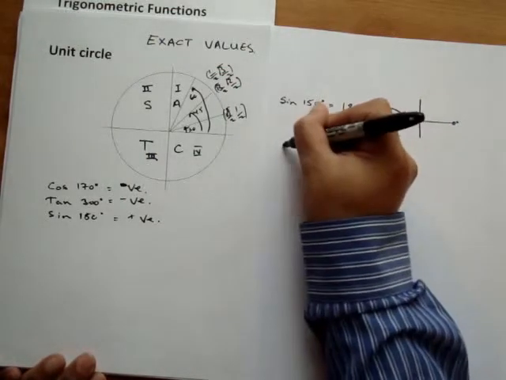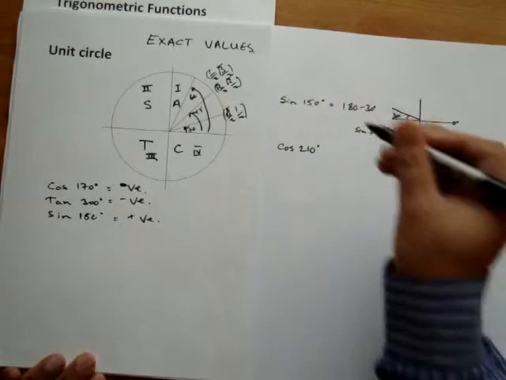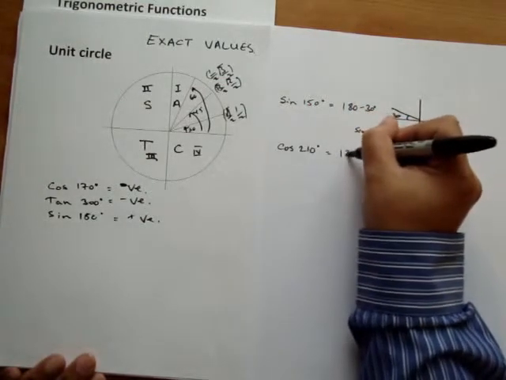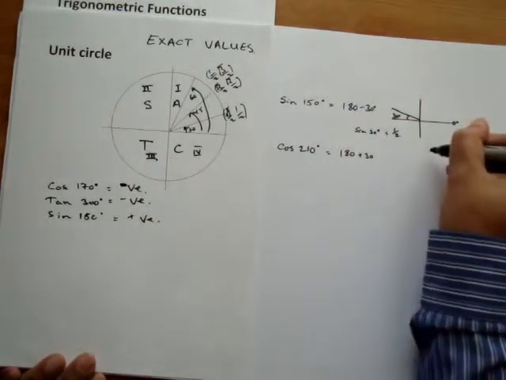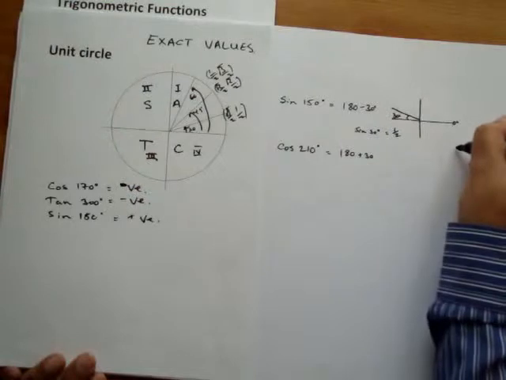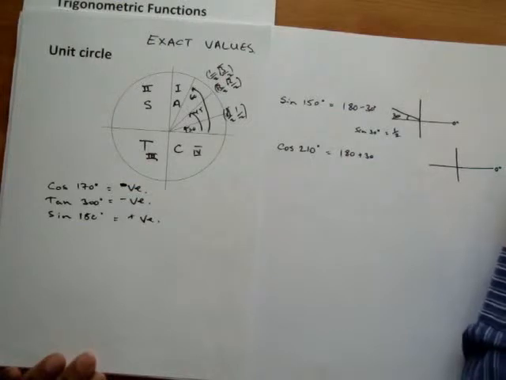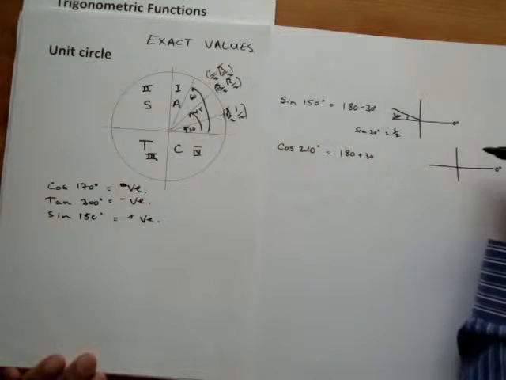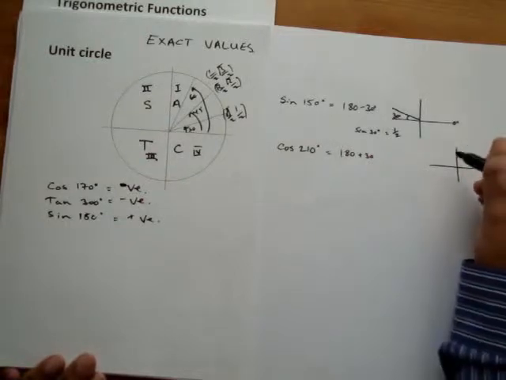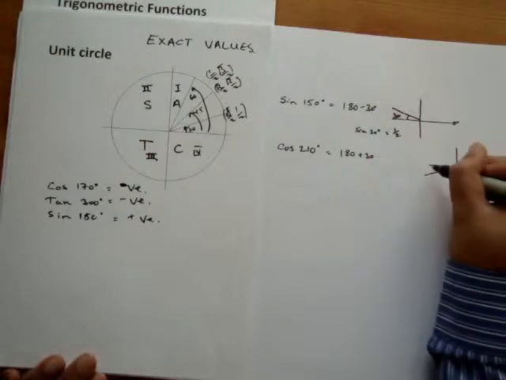If we have the cosine of 210 degrees, this would be 180 plus 30. So if we have our little quadrant diagram, draw a quadrant diagram. This is 0 degrees. We always try to draw an acute angle from the horizontal. So 180 plus 30 would be here, 30 degrees.